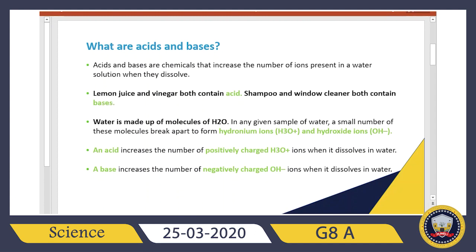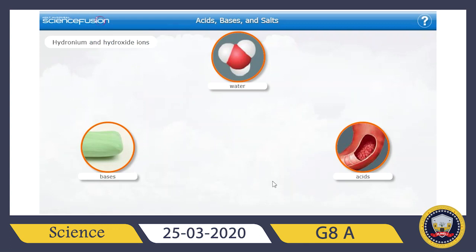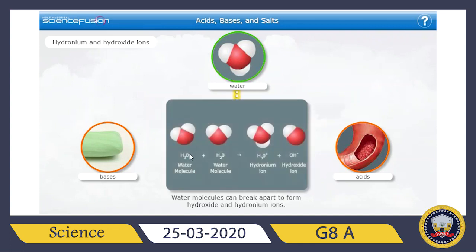So, what is up with this water molecule? We will learn now. In chemical reactions, we see that water is made up of hydrogen and oxygen atoms, right? This representation here shows what one water molecule looks like.